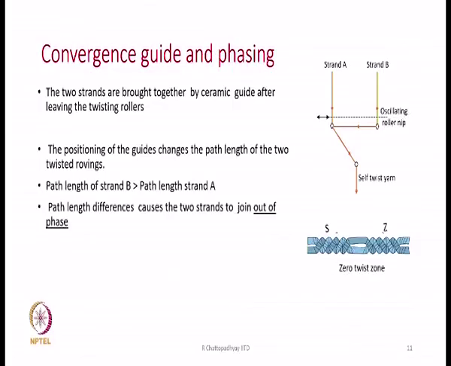Now, how the phasing is done, as I have mentioned, after the rovings leave the nip of the twisting rollers and before they join the convergence point, the path length for the two strands A and B has to be different.